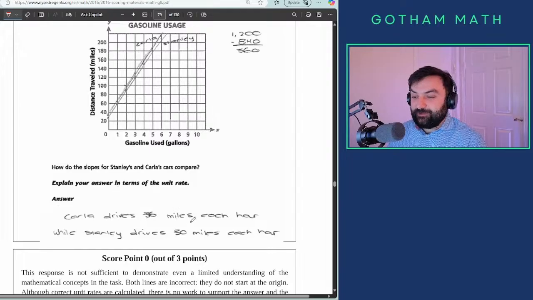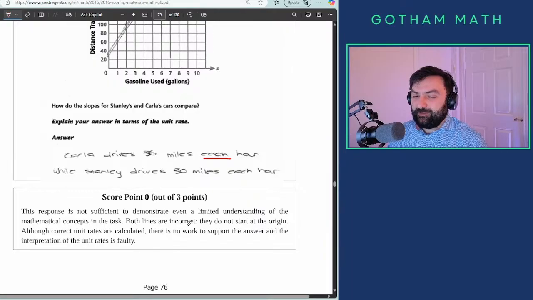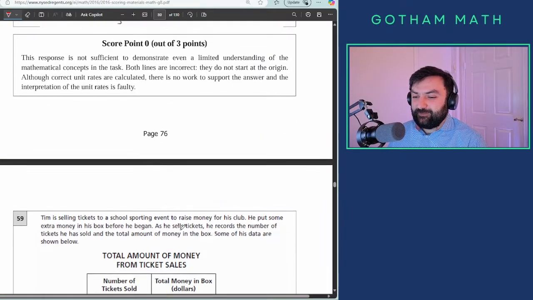Car will drive 36 miles. Car? What is that? Each car. What does that mean? Oh no.